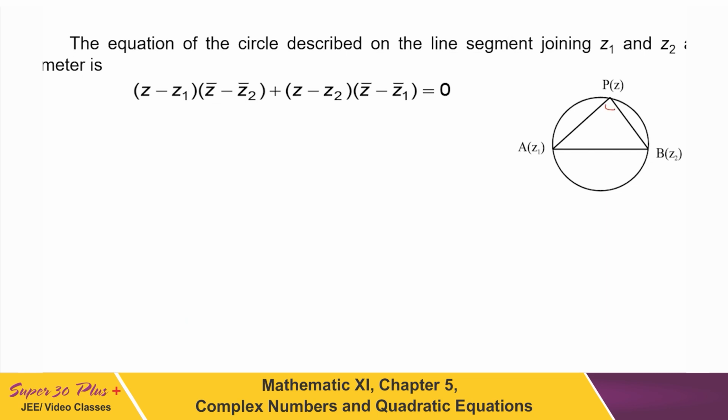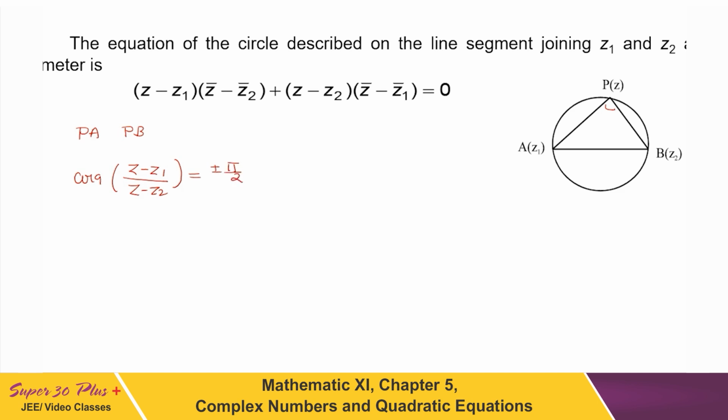We can write the angle between lines PA and PB is 90 degrees. Now we are going to write this like argument of (z minus z1) upon (z minus z2) is equal to 90, or you can say plus minus 90.